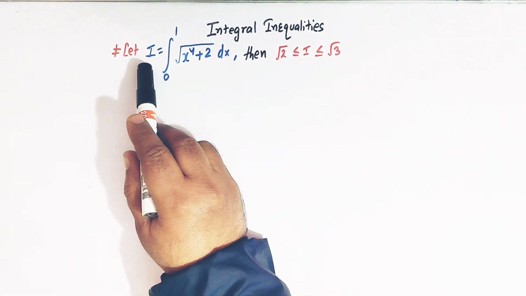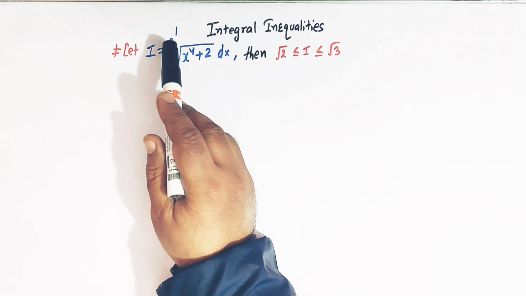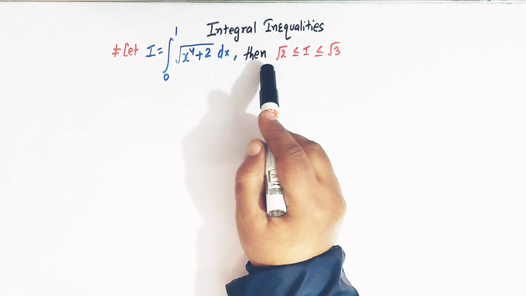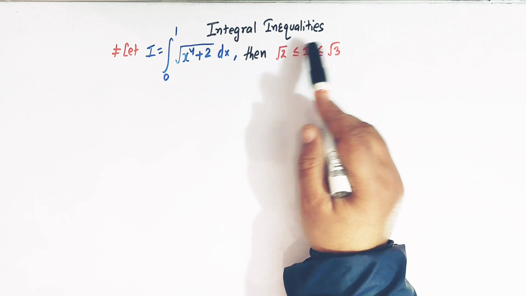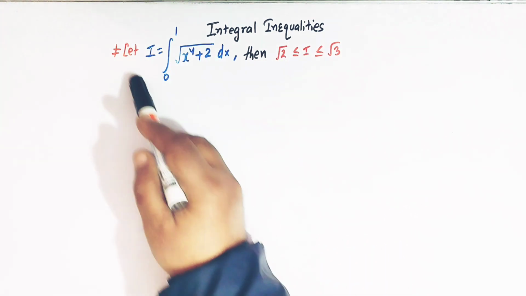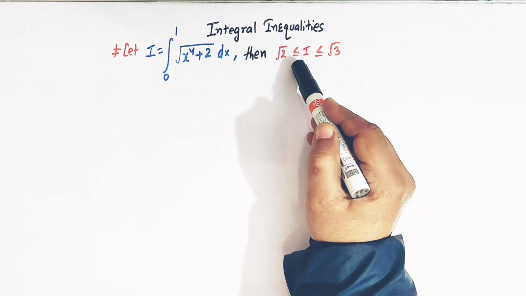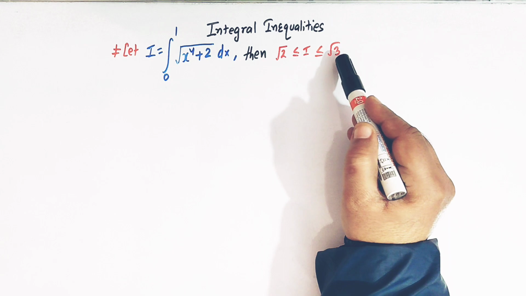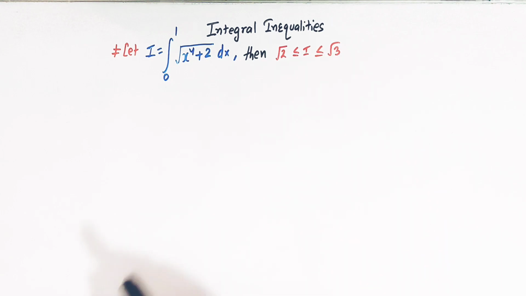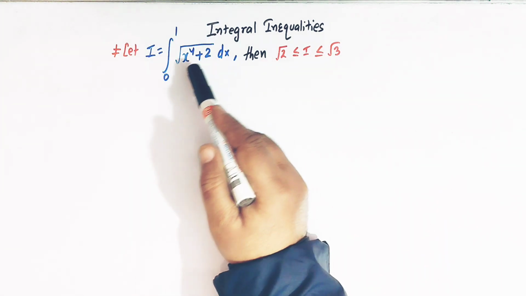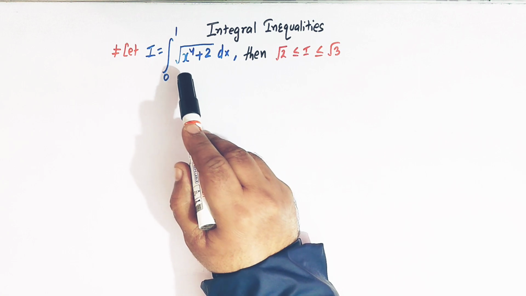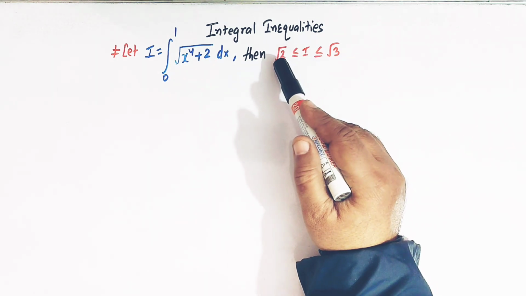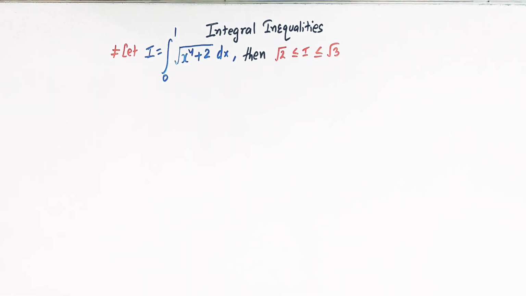We are given an integral I from 0 to 1 of the square root of x raised to 4 plus 2, and we have to prove that the value of this integral I is greater than or equal to square root of 2 but less than or equal to square root of 3. So without actually evaluating this integral, we have to estimate its value between these two numbers.